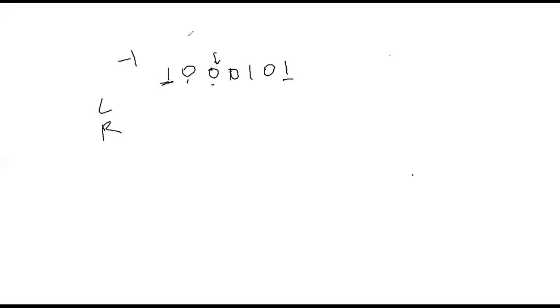Left can be this one, right? I can sit at this position. So towards my right, I can see where is the next taken seat basically. So I can find this one if I do a traversal from here till here. So my right will be here at this point of time.